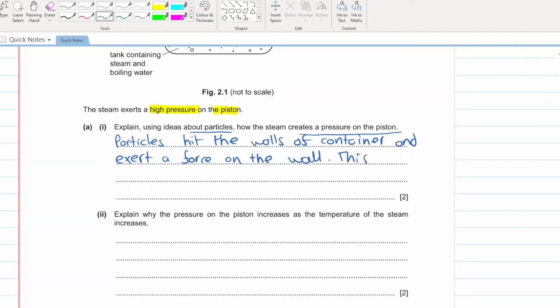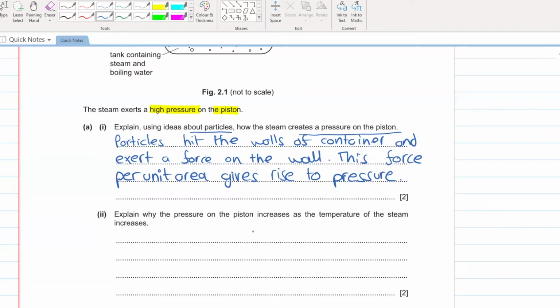This force per unit area gives rise to pressure. Simple. Let's further move ahead.